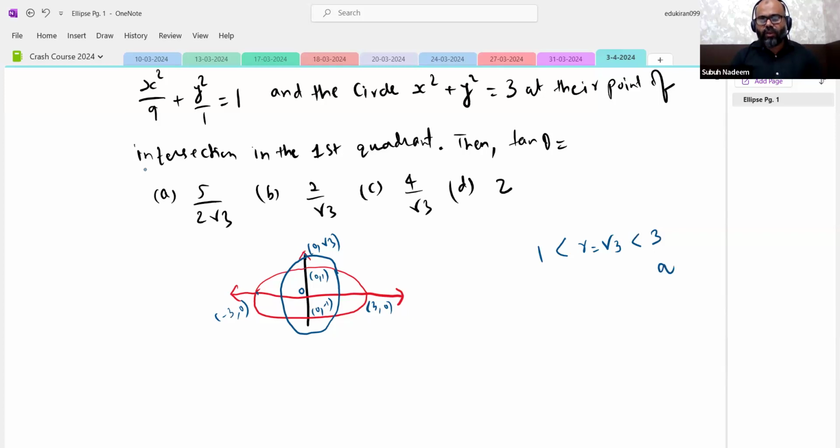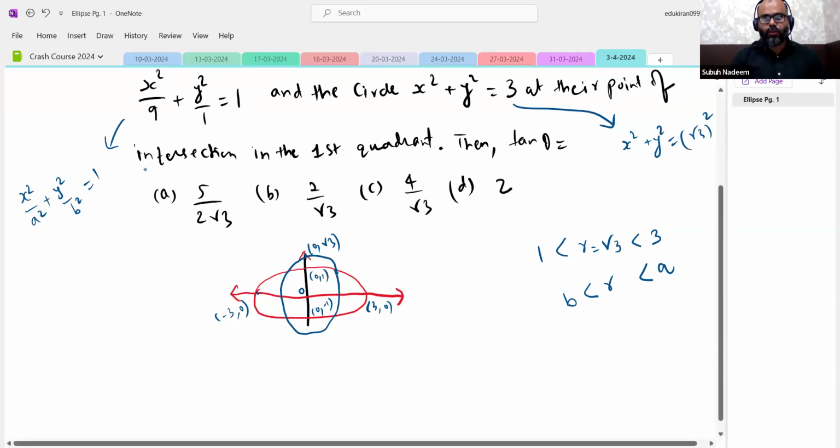So in x square by a square plus y square by b square equal to 1, a is equal to 3 and b is equal to 1. And the circle is x square plus y square is equal to root 3 square, so the radius is root 3.